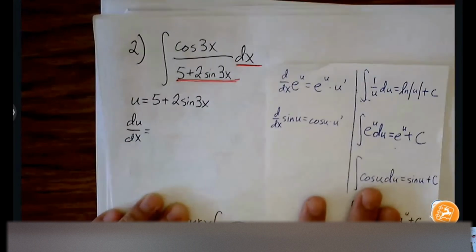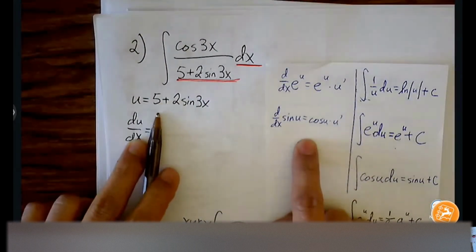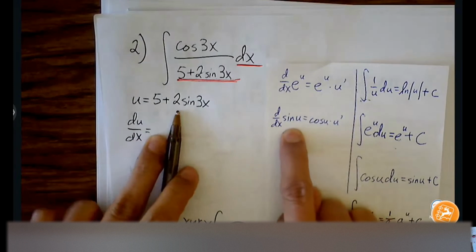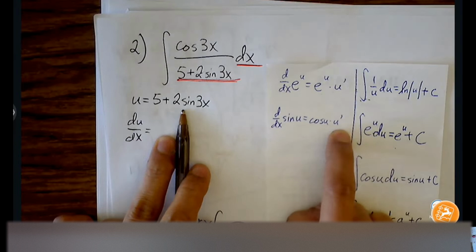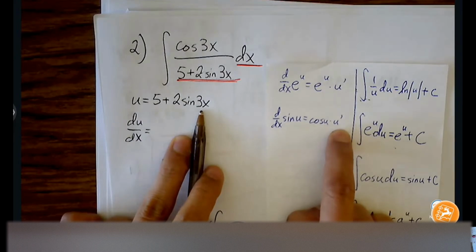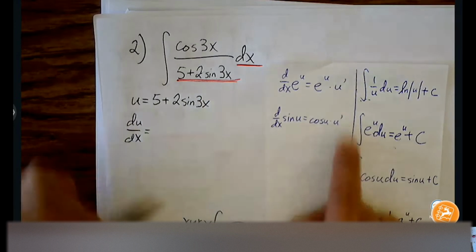All right, derivative of 5 plus 2 sine 3x. 5 goes to 0. Okay, all right, what about 2 sine 3x? What does that become? Times 3. Okay, careful, right? There's that u prime. There's that little chain rule there. We don't want to forget about that 3x has an impact on the derivative.